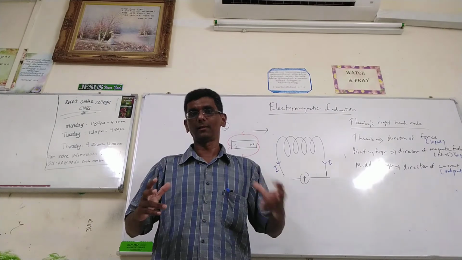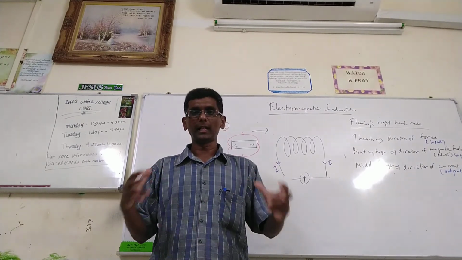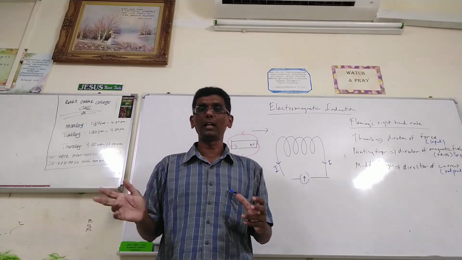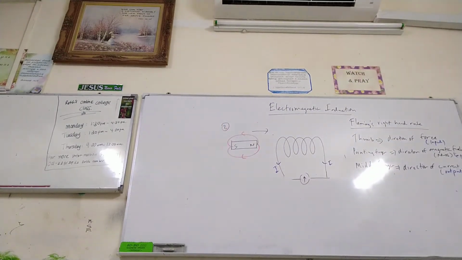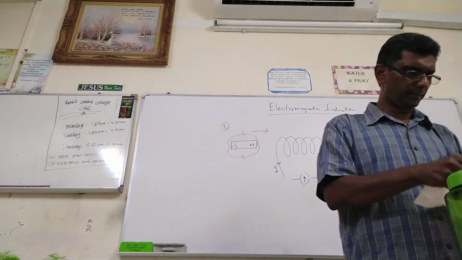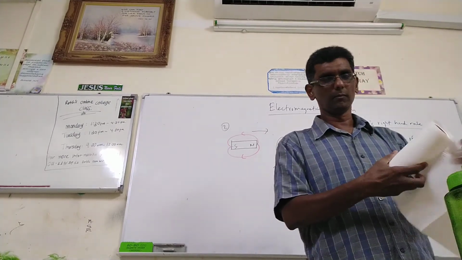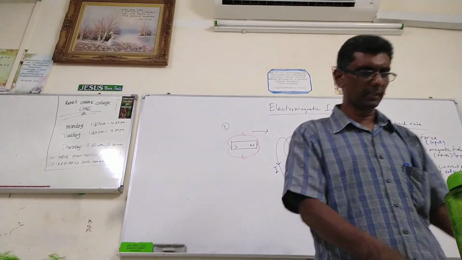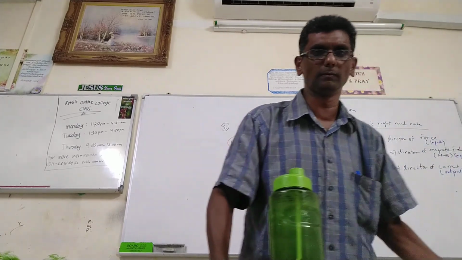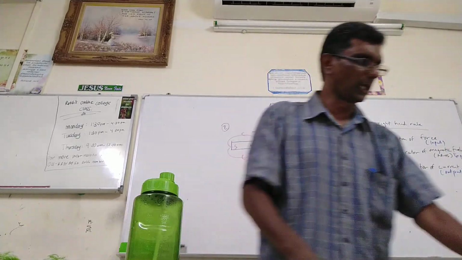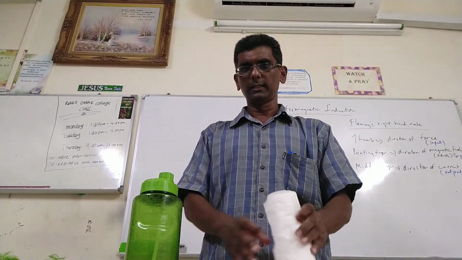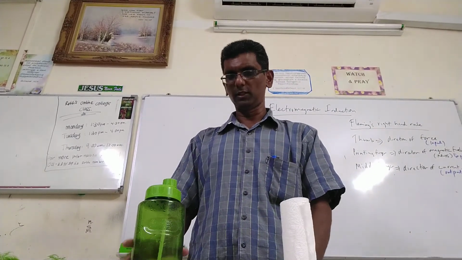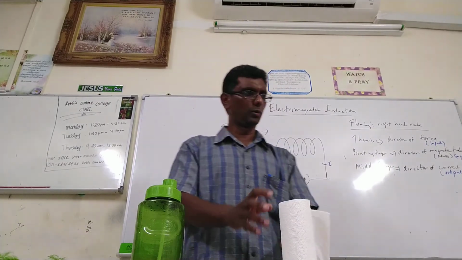So the magnet has a north and south pole, and there are magnetic field lines between north and south. This is the north pole and this is the south pole.